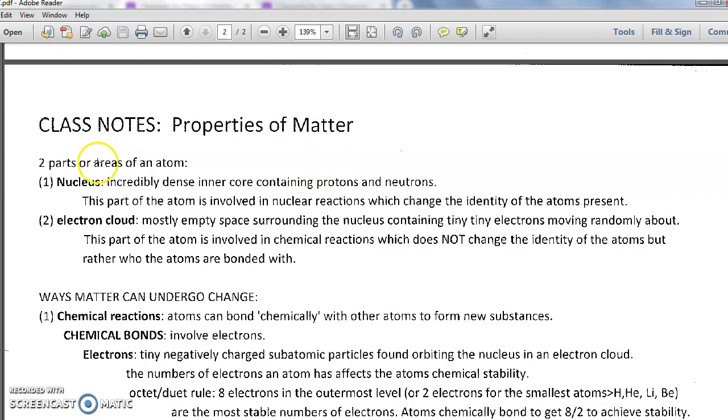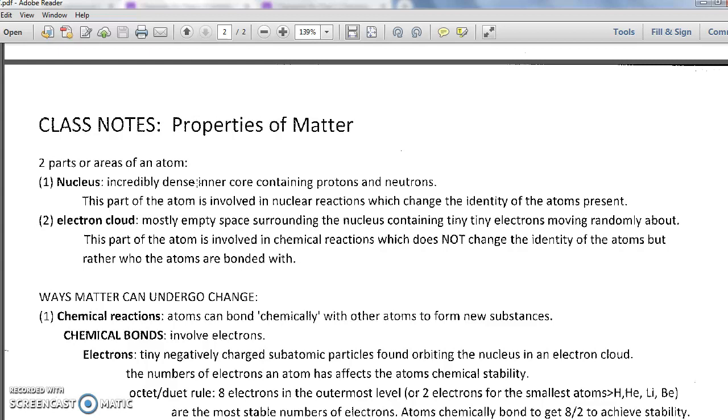Why couldn't they do it? It's because trying to turn one substance into another substance when we're dealing with elements is impossible to do in a chemical reaction. Chemical reactions cannot be used to change one element into another element.